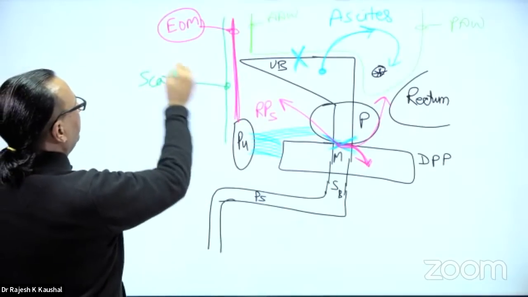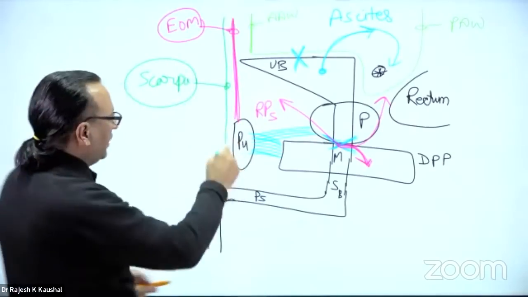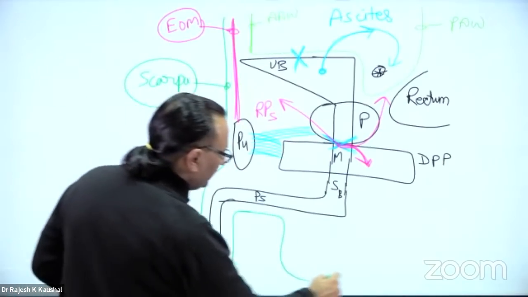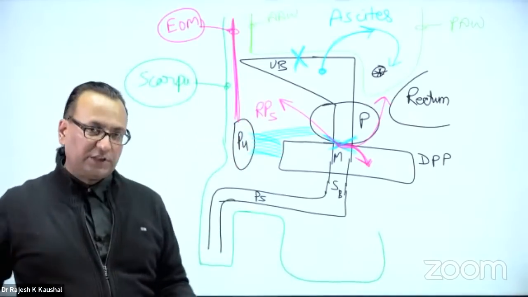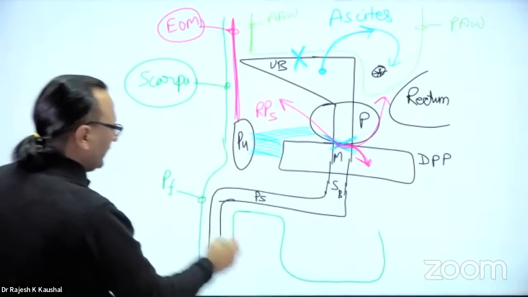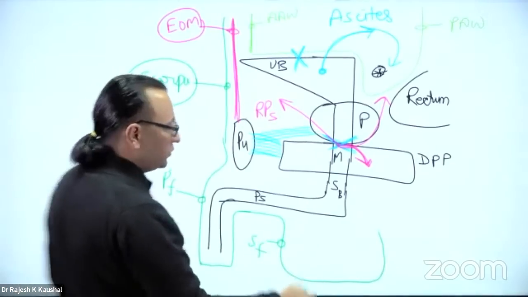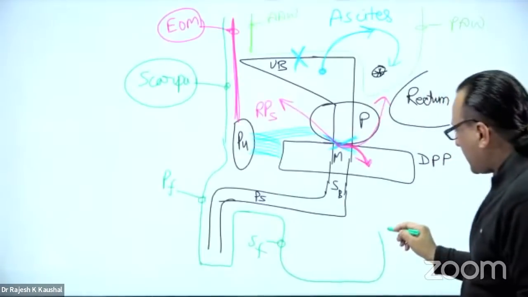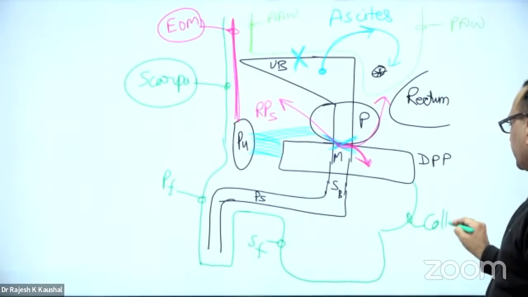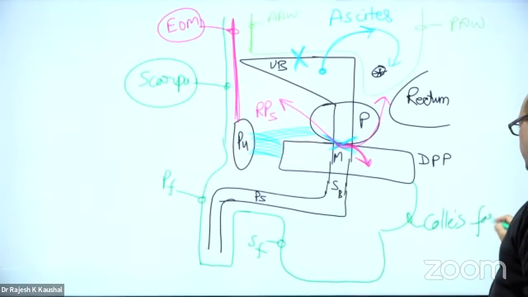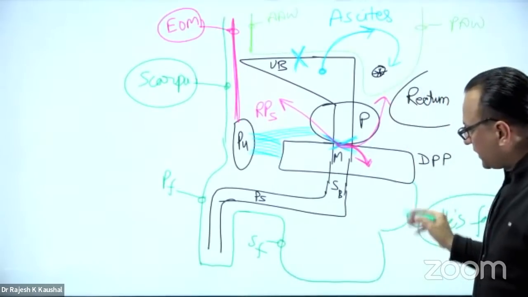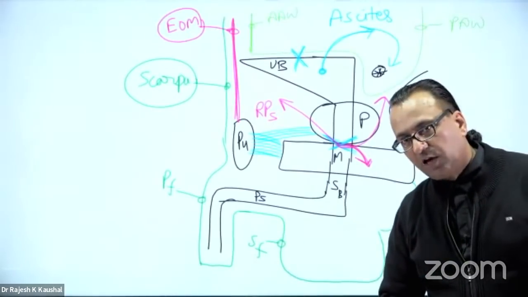And this Scarpa's fascia continues as the penile fascia, and the penile fascia continues as the scrotal fascia, and the scrotal fascia continues as Colles fascia. This Colles fascia, which is continuous with the scrotal fascia, is actually the floor of the superficial perineal pouch.